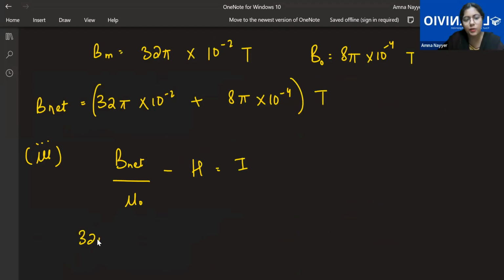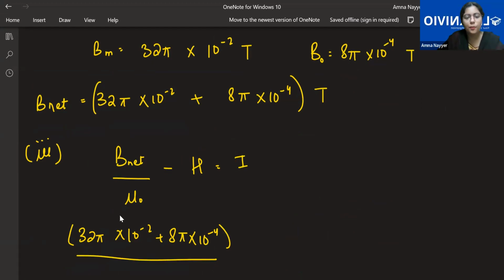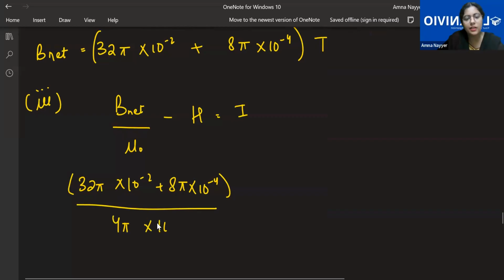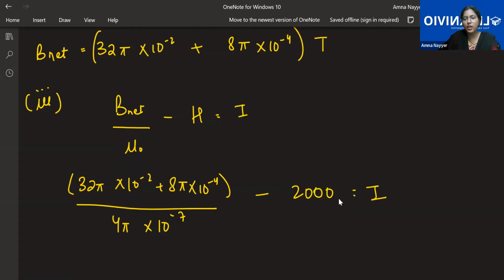Net magnetic field would be this 32 pi into 10 to the power minus 2 plus 8 pi into 10 to the power minus 4, whatever you will solve through the second part, divided by 4 pi into 10 to the power minus 7, minus 2000, is equal to the intensity of magnetization. Whatever you solve, ampere per meter would be the intensity of magnetization.